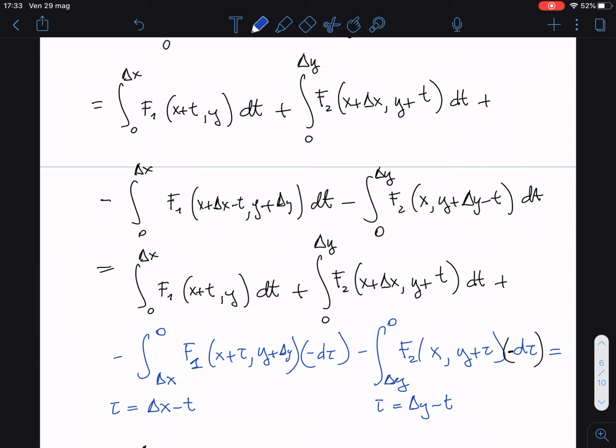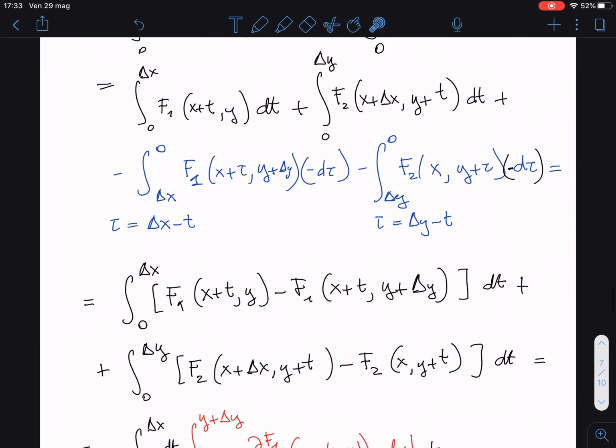And notice that again here we have the differential, which is dt, becomes minus d tau, and there is an exchange between 0 and delta y in the extremes of integration. Okay.